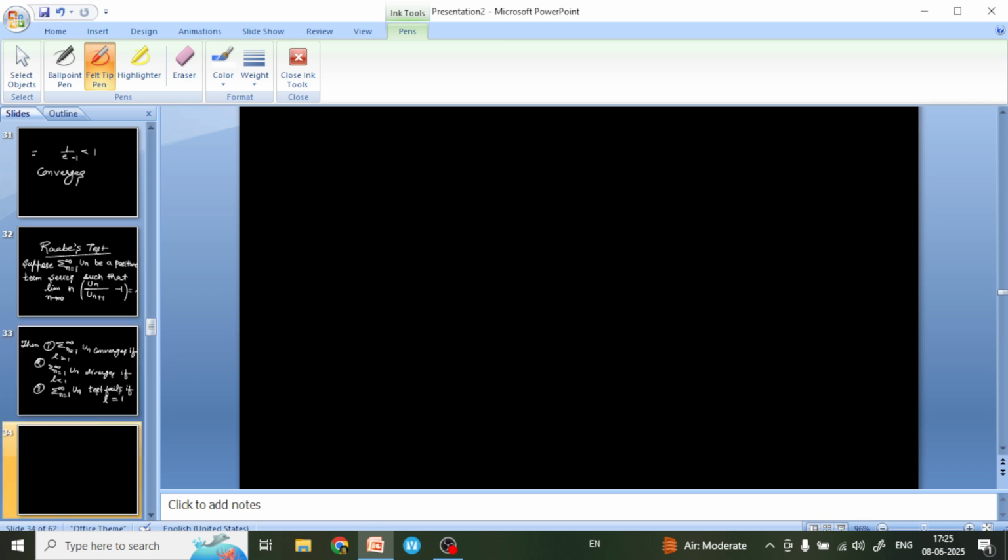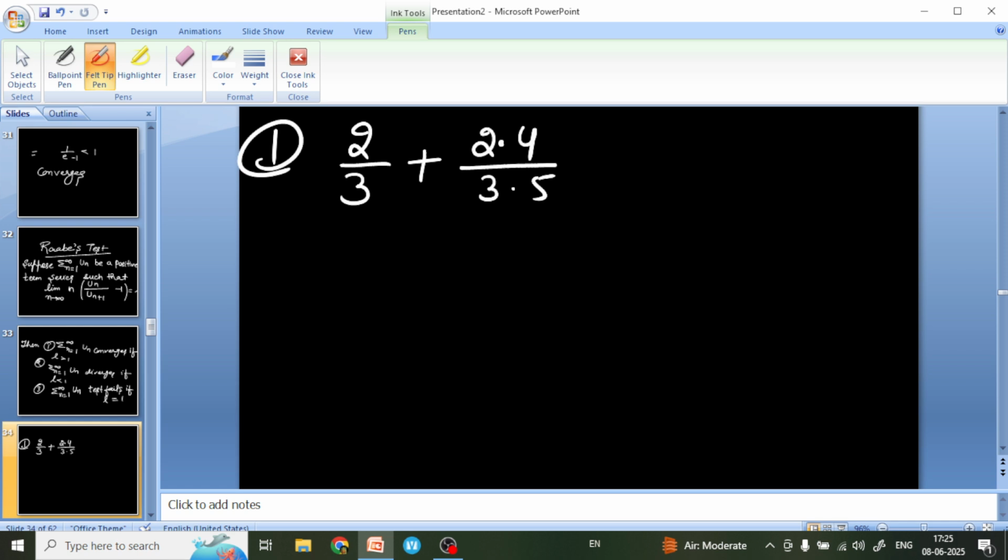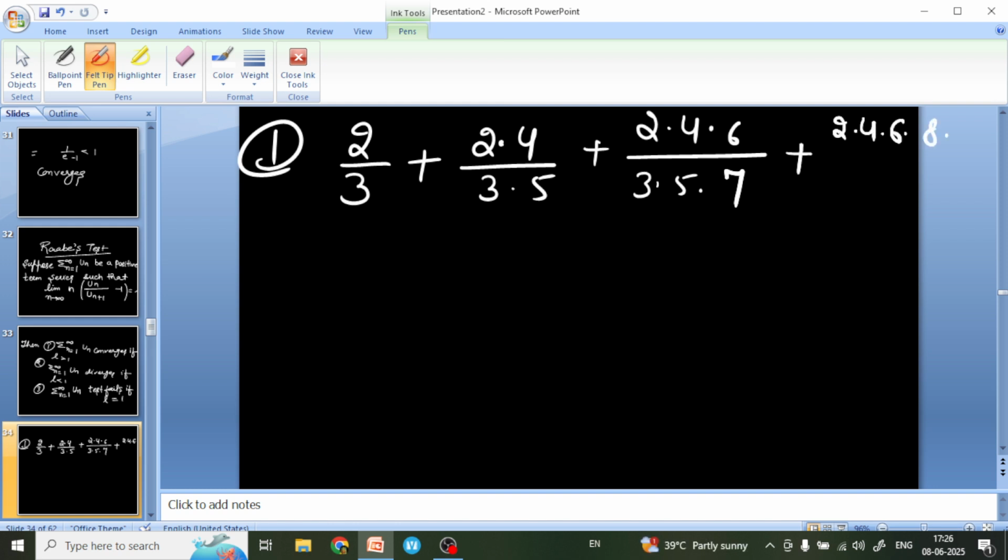Now take one statement for implementing this formula: 2 by 3 plus 2 multiplied by 4 over 3 multiplied by 5 plus 2 multiplied by 4 multiplied by 6 over 3 multiplied by 5 multiplied by 7, then plus 2 multiplied by 4 multiplied by 6 multiplied by 8 over 3 multiplied by 5 multiplied by 7 multiplied by 9, and so on.